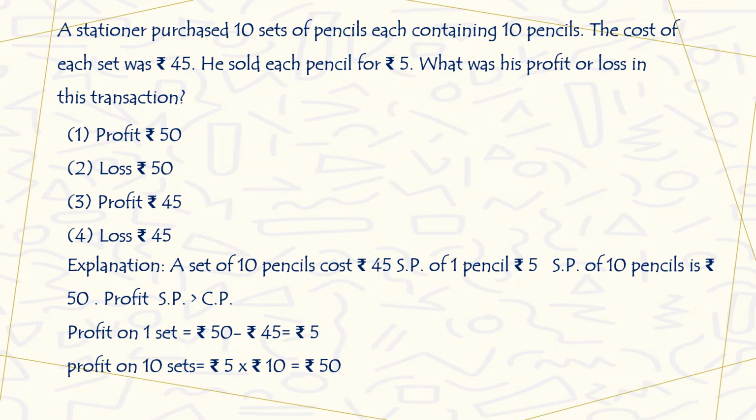What was his profit or loss in this transaction? So he made a profit of rupees 5 on one set. तो 10 set पे उसने कितना profit कमाया? 5 into 10 will be equal to 50 rupees. The correct alternative is alternative number first. Profit of rupees 50.